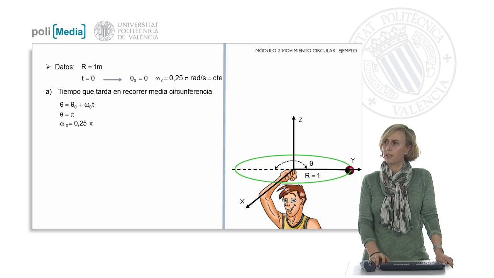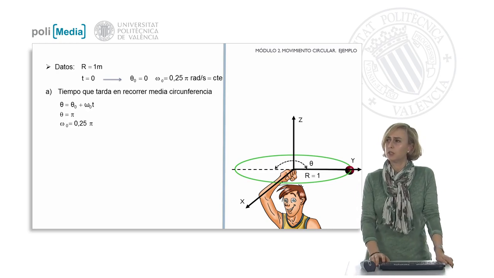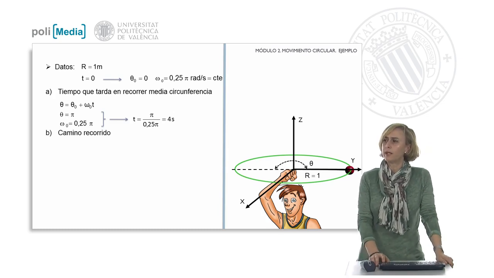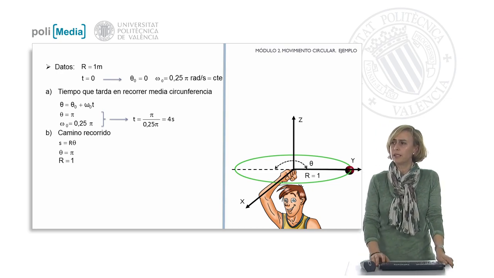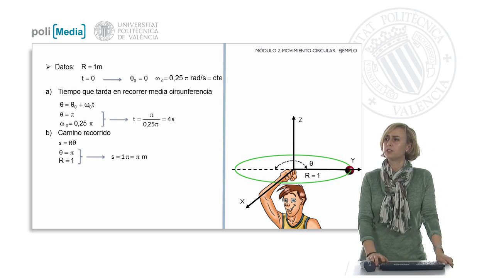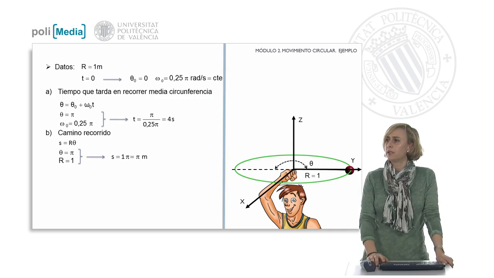Therefore, from the expression that appears and taking into account the data of theta and omega sub 0, we find the time, obtaining that the elapsed time is 4 seconds. The path traveled is calculated from the relationship between the path s and the angle theta. We substitute values and obtain that the path traveled is pi meters.